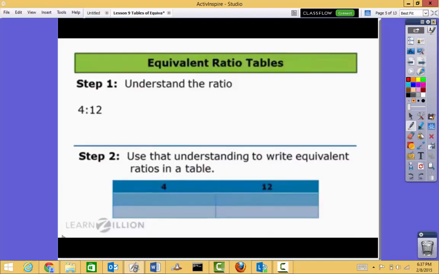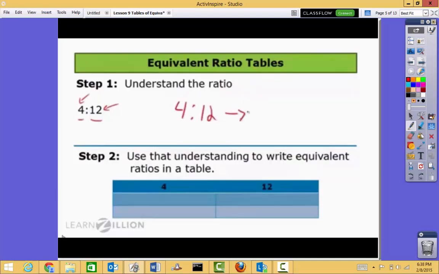So equivalent ratio tables are just a way of organizing ratios. First we'll be using our strategy of understanding the ratio. Here with 4 to 12, we see that for every 4 units here, I'll have 12 units here. So I can write that as 4 to 12.